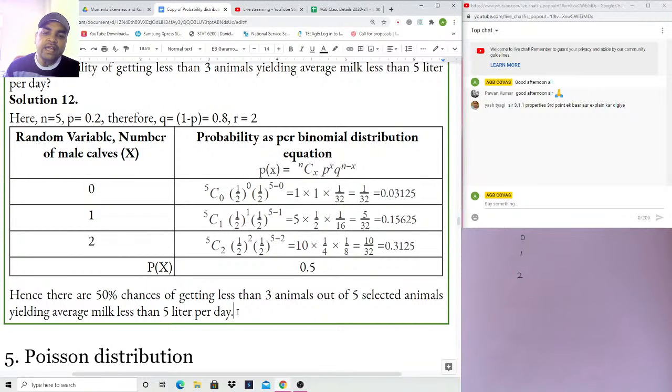So this is how, by applying binomial distribution to certain conditions where there are chances of success or failure, the events can be classified on the basis of chances of success or failure. So you can calculate the probabilities, you can calculate the mean, you can calculate the variance, and you can also forecast, and you can see the insights of that data, what the probabilities will be at this level.